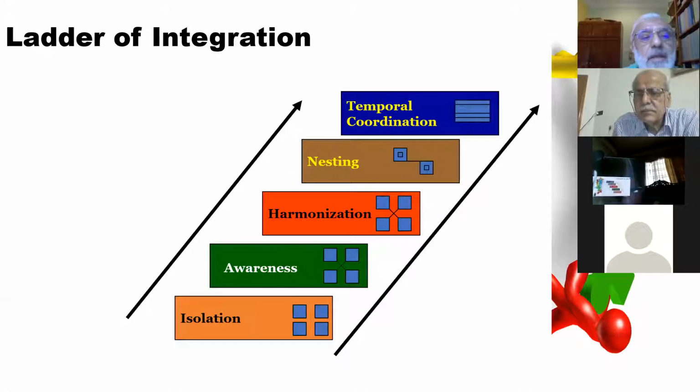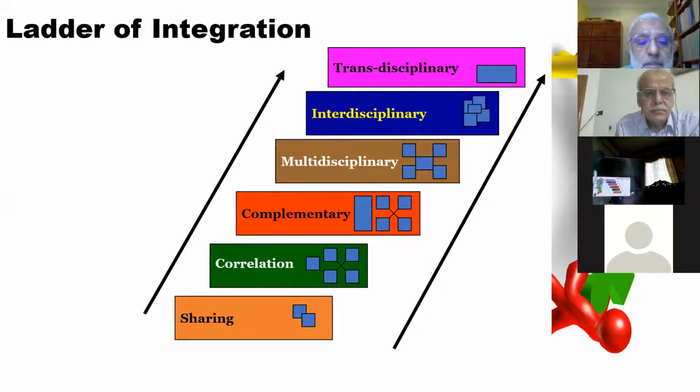So he identified 11 levels of integration, starting from isolation, awareness, harmonization, nesting, temporal coordination, sharing, correlation, complementary, multidisciplinary, interdisciplinary, and transdisciplinary. We will be talking about some of these levels.